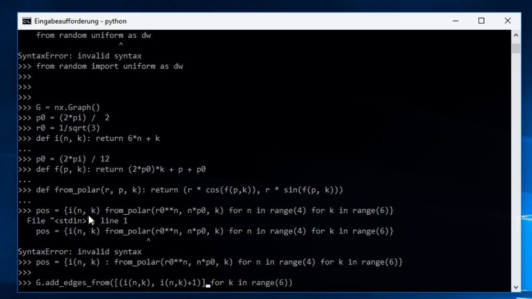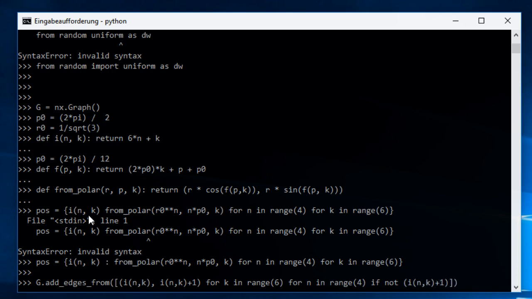There's something wrong. This is not so. And for all n in range 4, but as I said, I want to leave out all jumps. So I say here, do that if it's not the case that the index that you have plus 1.